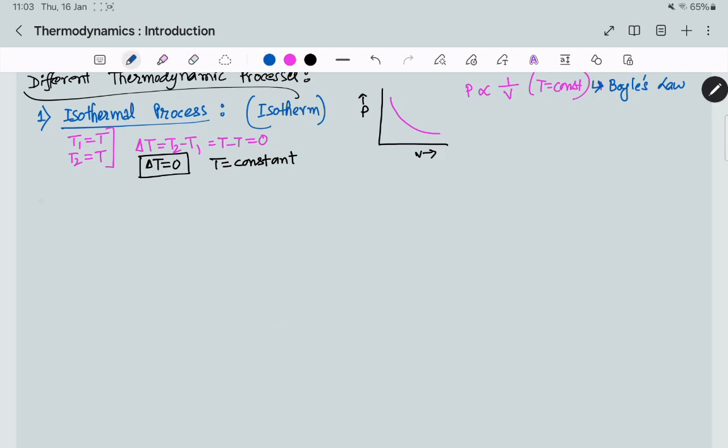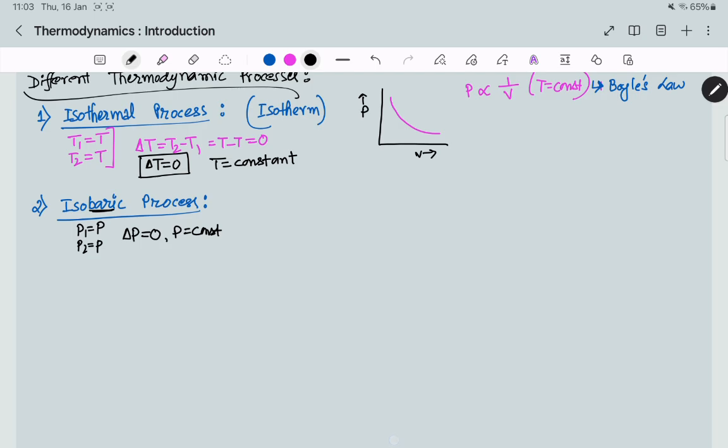Second one, isobaric process. Can you guess which variable we will keep constant? Bar is the unit of pressure, right? So you have guessed it right, pressure will be constant. So P1 is also P, P2 is also P. So delta P will be 0 similarly. So P equals constant.